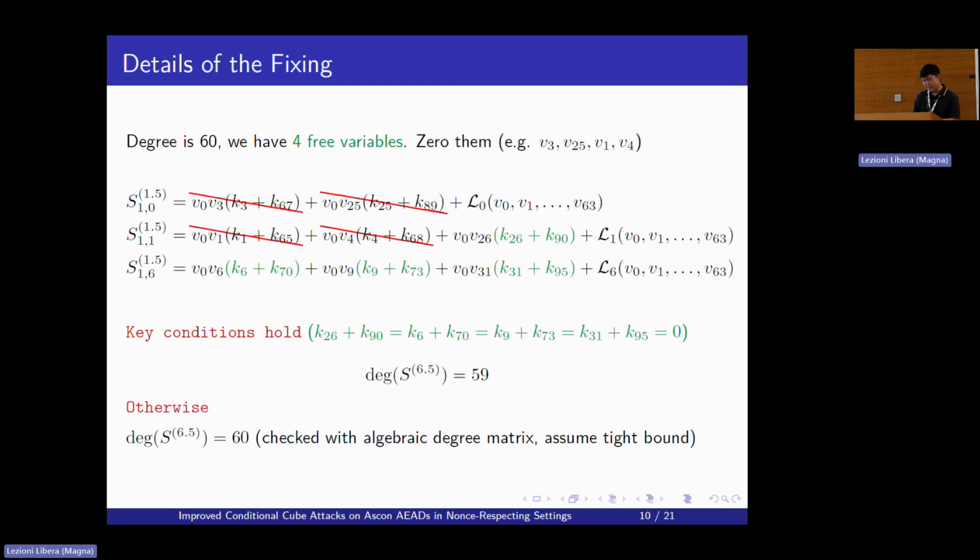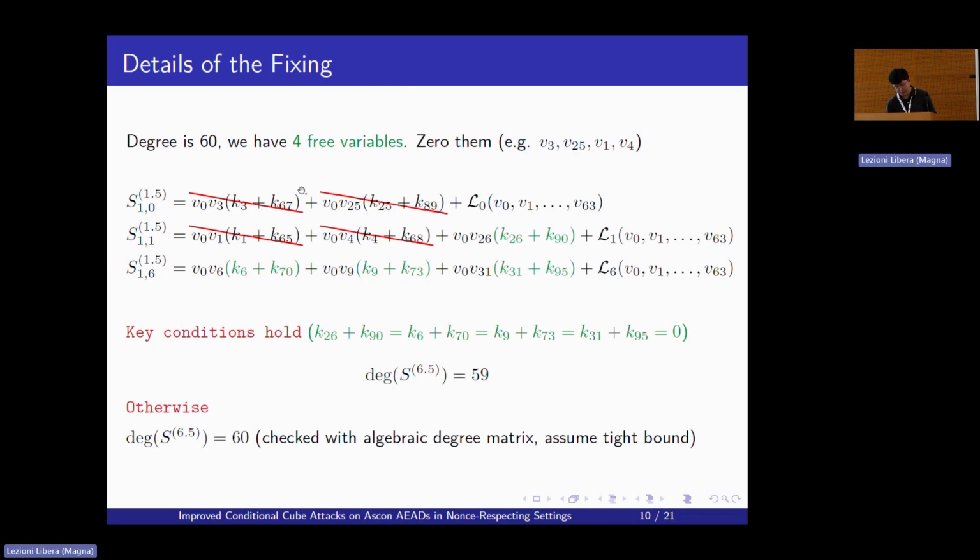Next are some details of how to cancel these degree-2 terms. Firstly, because we will use a 60-dimensional cube as the cube test term, we have 4 free cube variables for us to control. We can set them as 0. For example, here we can set V3, V25, V1, and V4 as 0.